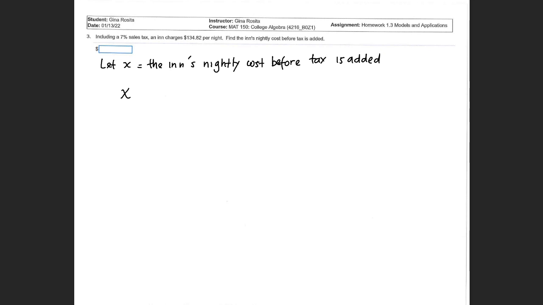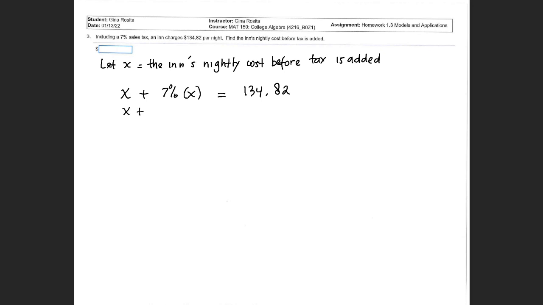So just put x plus 7% of x, because the tax is 7%, equal $134.82. So now change the percent to a decimal.